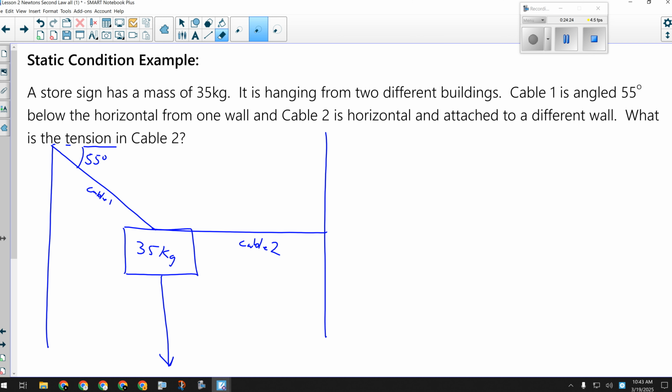Okay, so this is going to be 343.35, right? Is that right? Okay, that's the force of gravity, 35 times 9.81. So that force is acting down. So if there's a downward force and there's no net force, there has to be an upward force. Where is it coming from?